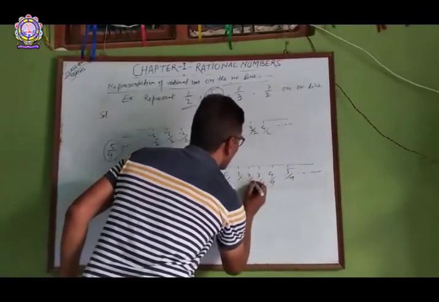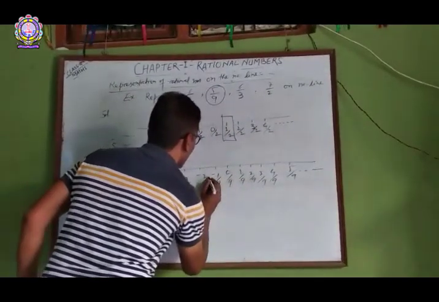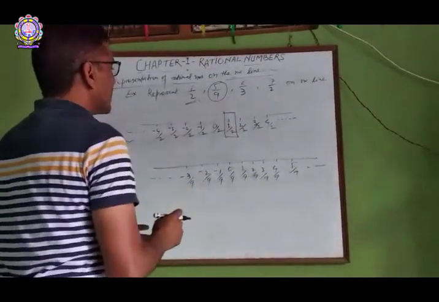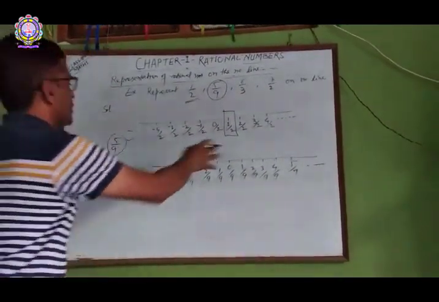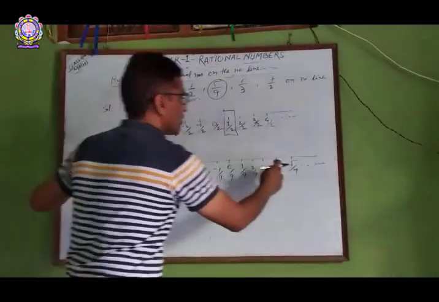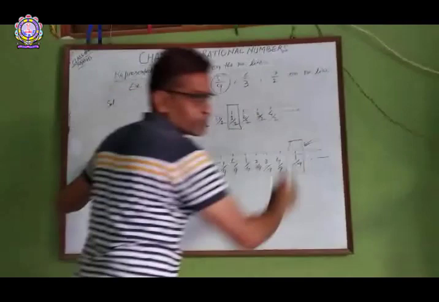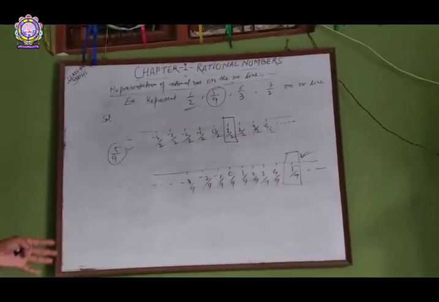You can easily search where your number is on this line. Here is 5/9. This is your number. Okay, student, you can plot all numbers in this way.